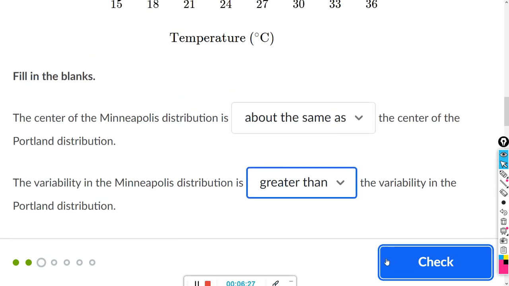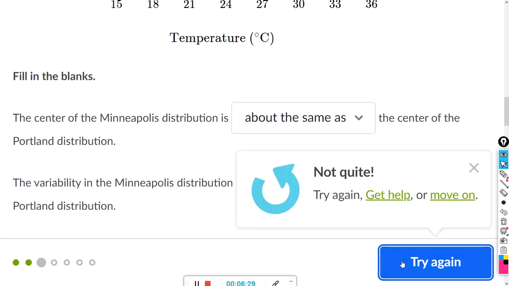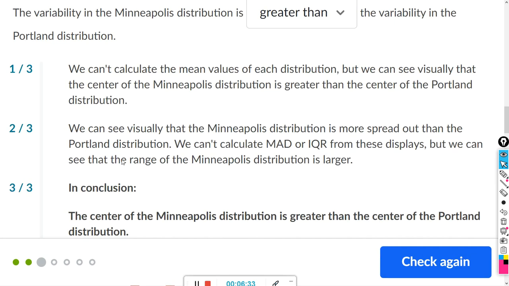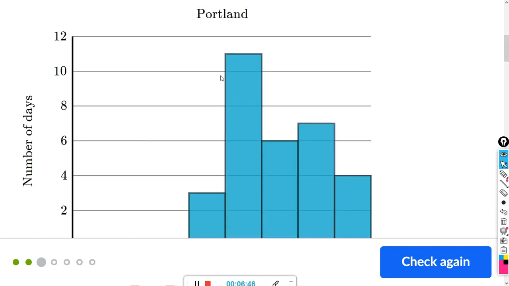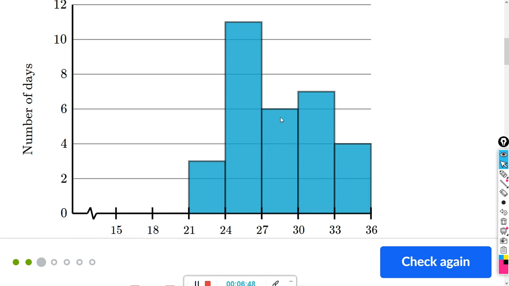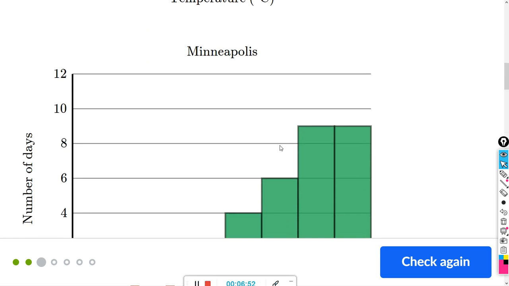Okay, so in their answer, they're saying we can see visually that the center of Minneapolis is greater than the center of Portland. Let me check again. For Portland, I think the center is around here. And if you go to Minneapolis, hard to say, really. I still say the center is around here.